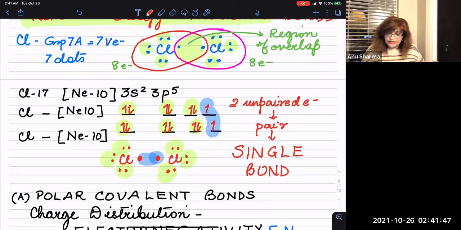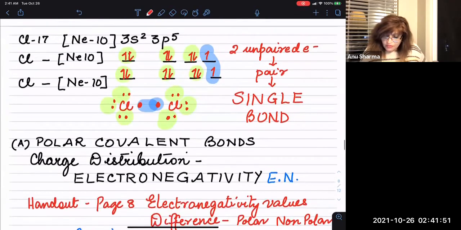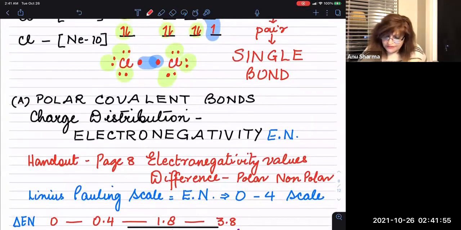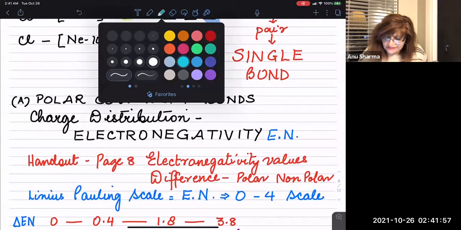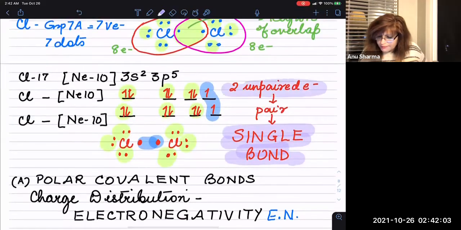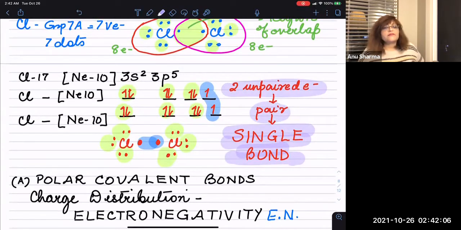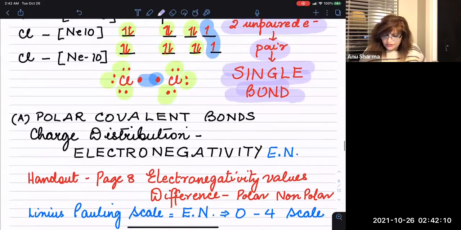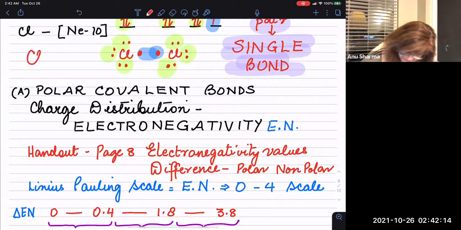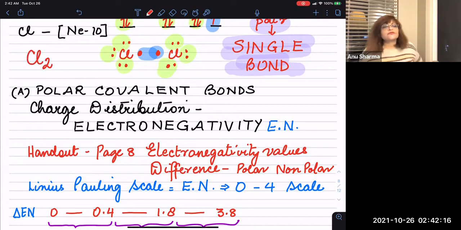That's how each chlorine gets 8 electrons, and at the same time it is in a bonded state. It has formed a single bond. A single bond is made up of two unpaired electrons; when these two unpaired electrons are paired, they form a single bond. So chlorine is written as Cl2, two atoms of chlorine.